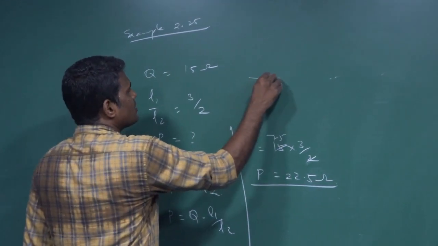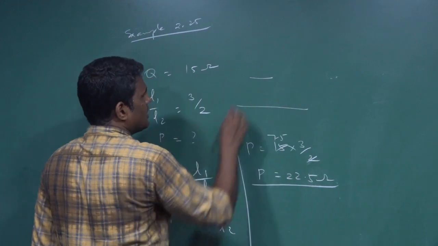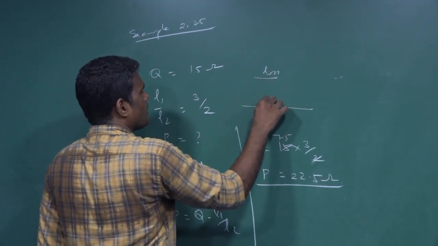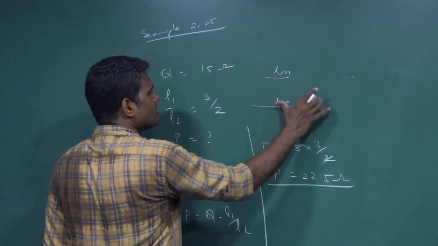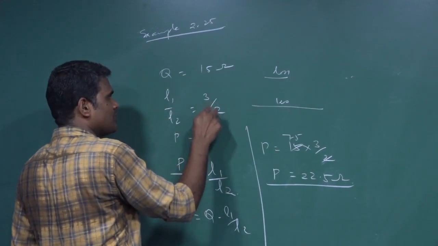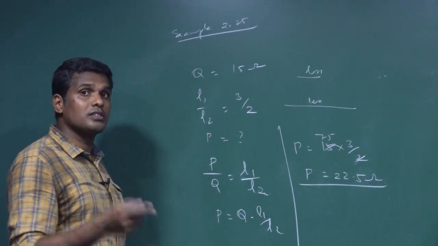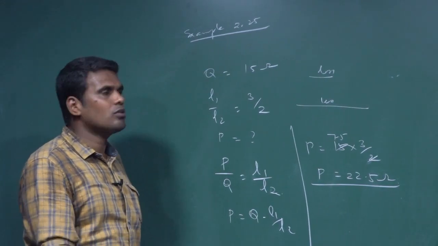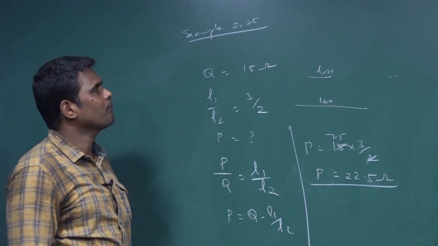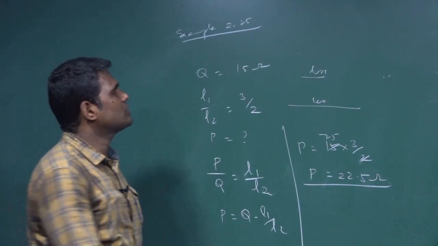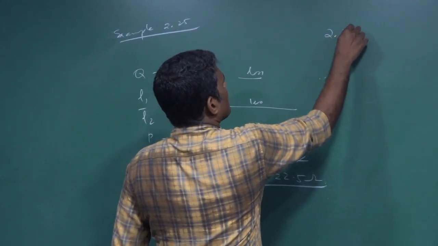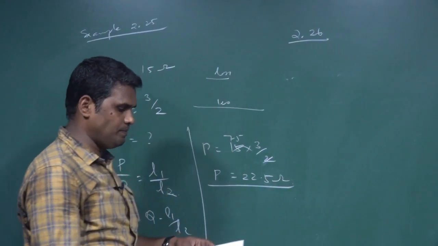If unknown resistance is less, balancing length will be less. If unknown resistance is more, balancing length will be more. As the ratio is given as 3/2, you should understand that the unknown resistance must be of greater magnitude compared to the known resistance. This is example 2.25. We shall go on to another problem, example problem 2.26.